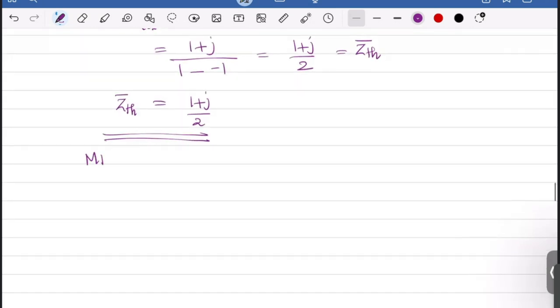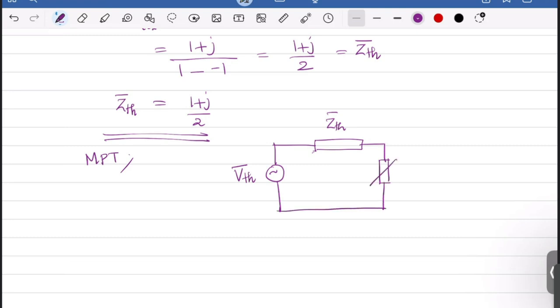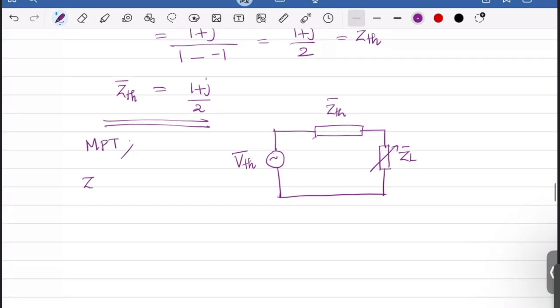According to the maximum power transfer theorem, for maximum power to be transferred from a circuit whose Thevenin voltage is V Thevenin and Thevenin impedance is Z Thevenin, and you have a variable load ZL, if ZL is equal to Z Thevenin conjugate, then maximum power will be transferred.